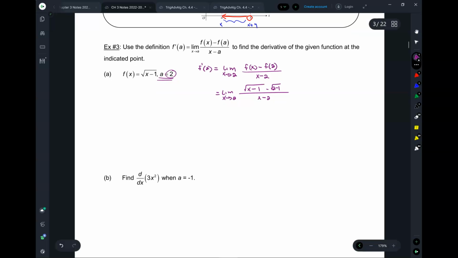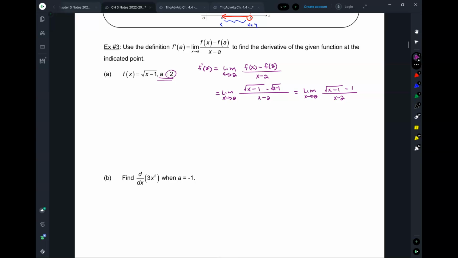So this is the limit as x approaches 2 of root x minus 1 minus 1, right, over x minus 2. Okay, if I plug in x equals 2, I get 0 over 0, so this is not going to work.